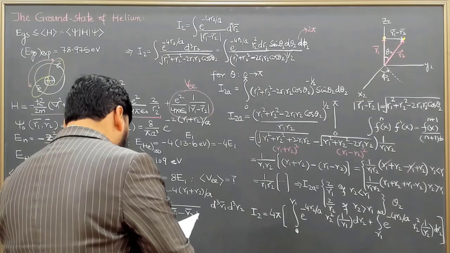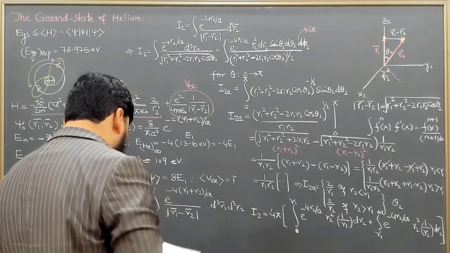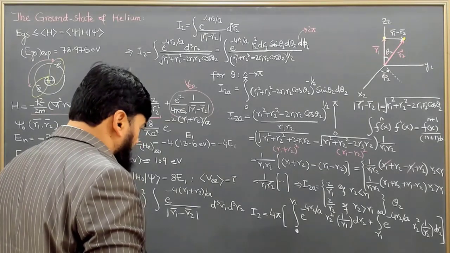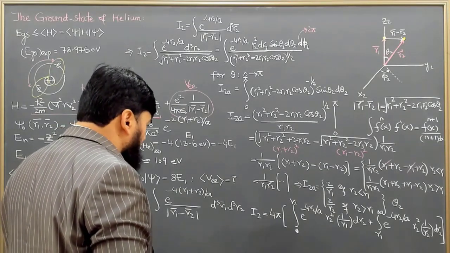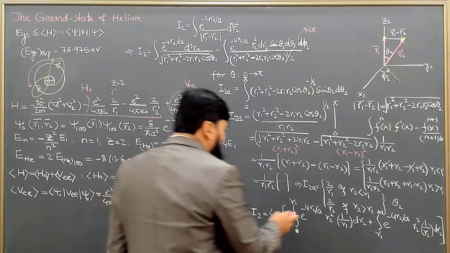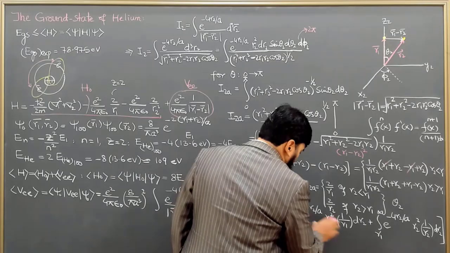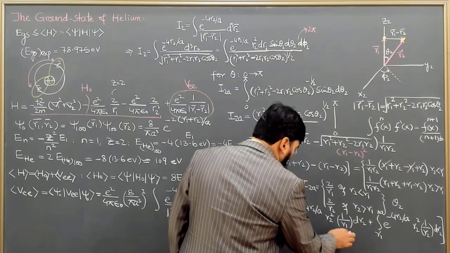Now we have to solve this integral, and this integral we are going to solve first. This is R2 square over R1.